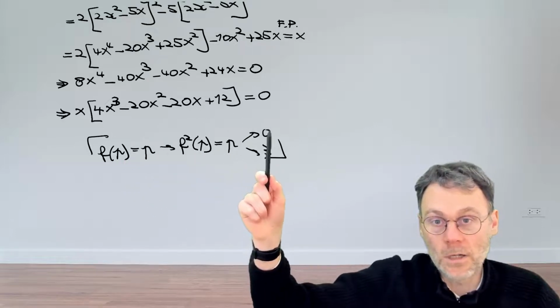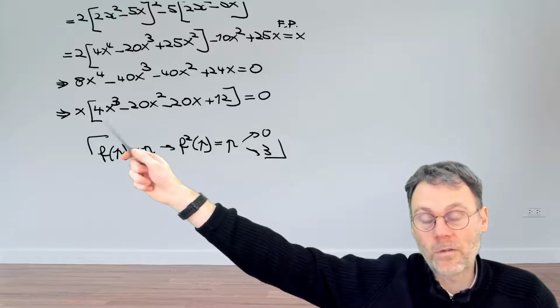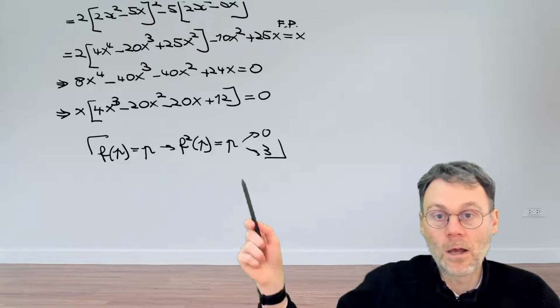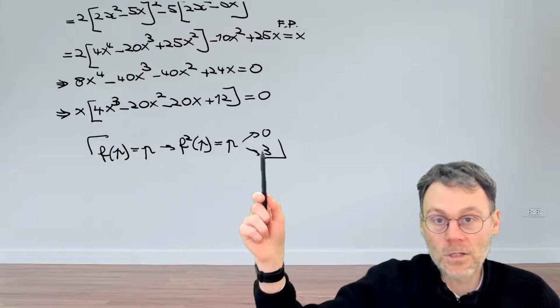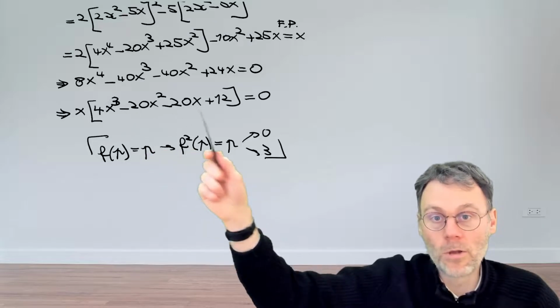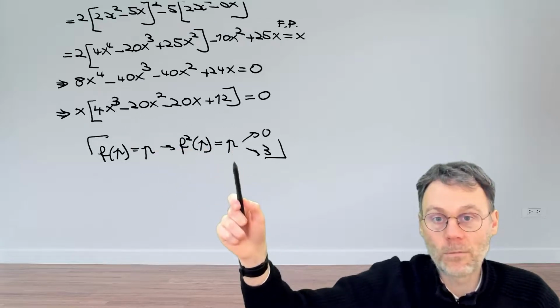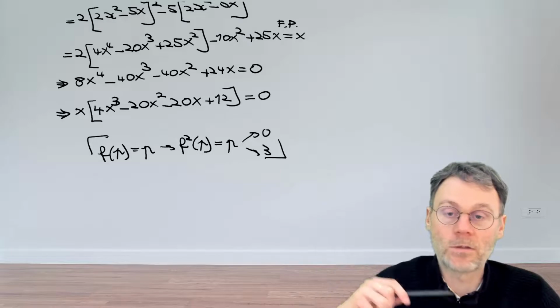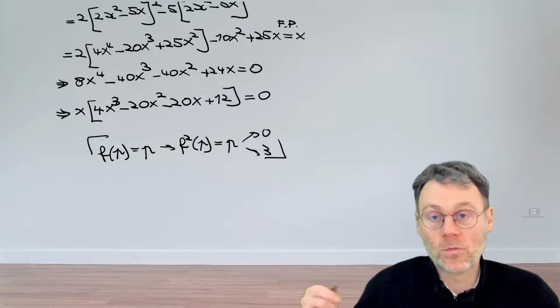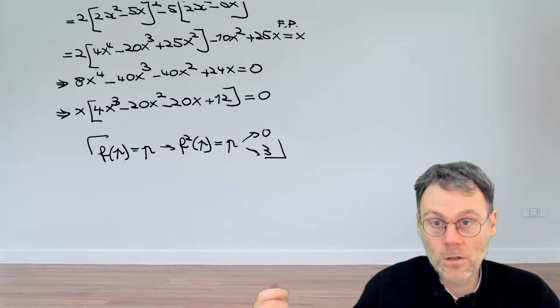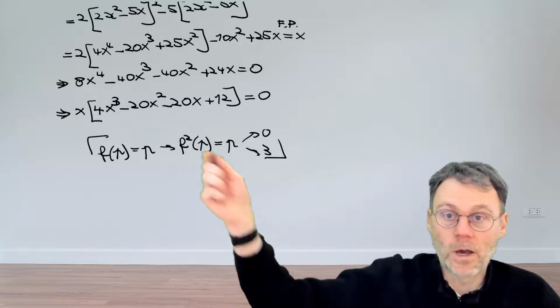For 0, that's pretty obvious because there's a factor x there. But this knowledge now tells us that this polynomial should be divisible by the polynomial x minus 3. And if we do that, we end up with a quadratic equation, which is much more pleasant to find the roots of.